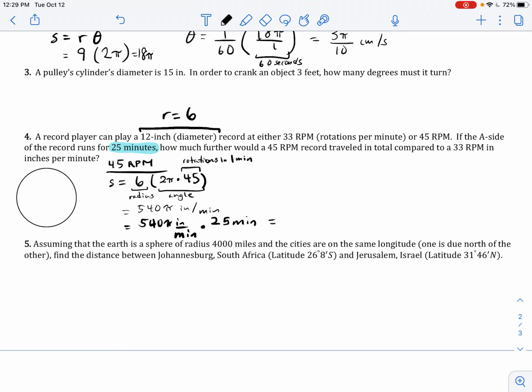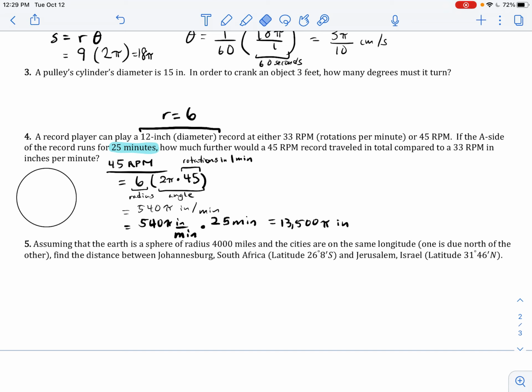And that's going to be 540 times 25. That's 13,500 pi inches.